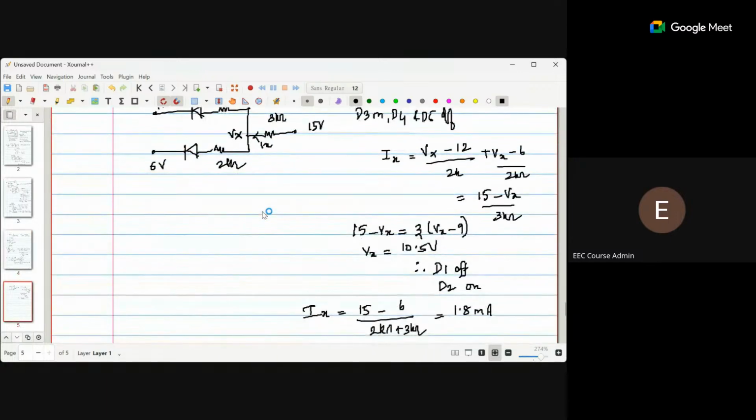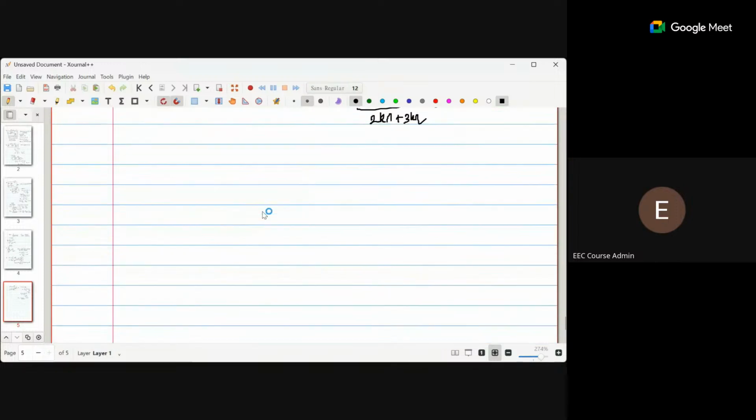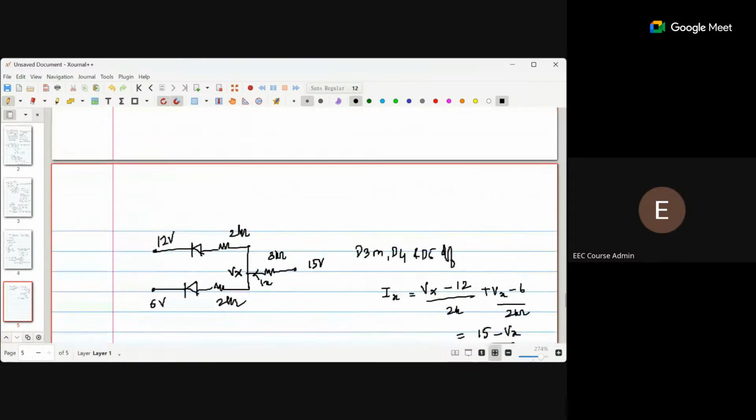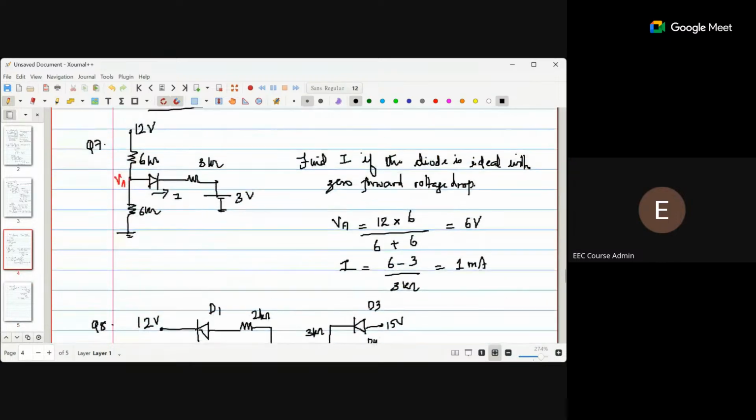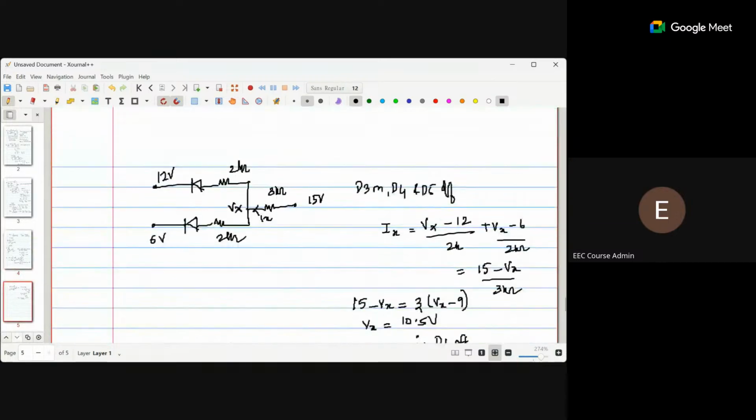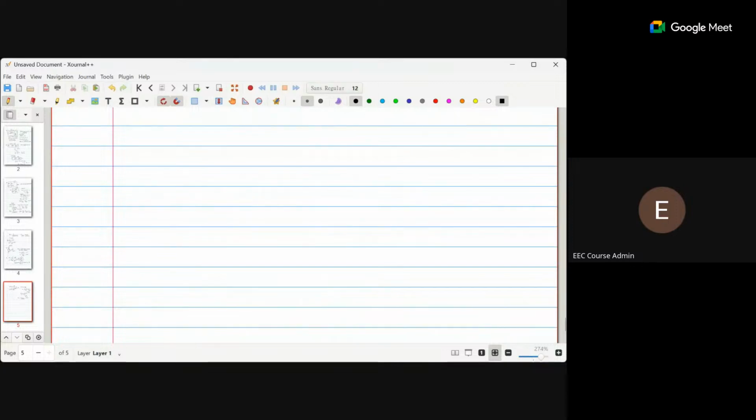We can do one question on clipper and clamper, and then we can move on to transistors. So these were just to check for the status of the diodes. Now with the clipping and clamping, question 9.